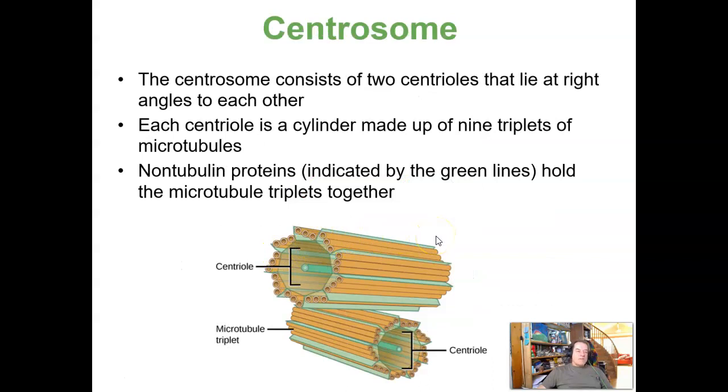Here are the centrosomes, and then the centrioles, which are these very, very specific structures that are always orthogonal, at right angles to each other, that are diagnostic of animal cells. And they're made out of microtubules. The particular pattern is 9 sets of 3 in a ring right here, 9 sets of 3. And then either 1 or 2 sets of 2 tubules in the inside right here.